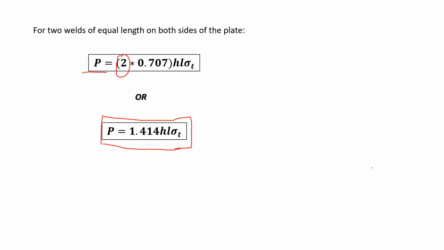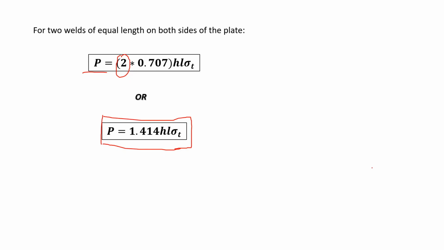However, for the ease of calculation, we take only the tensile stress into account for the failure criteria of the transverse fillet weld, and it proves to work fine. But as I told you, in actual practice there are tensile as well as shear stresses acting.